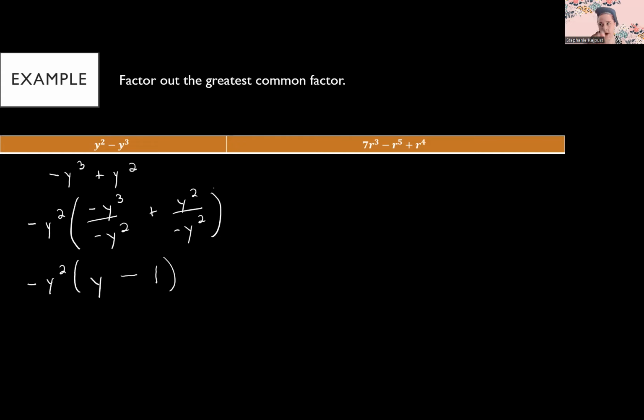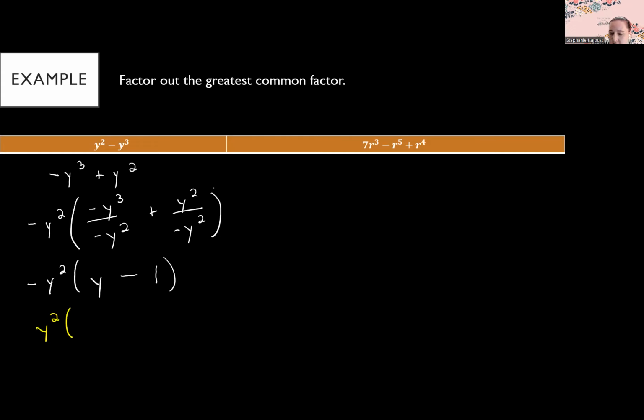So when you have parentheses, we don't like that first thing to be negative. Now, if you did not rearrange it with the highest minus the lowest, you would be factoring out a y squared instead of a negative y squared.